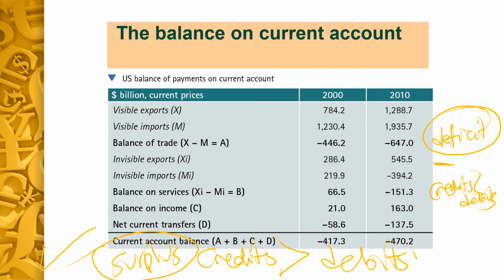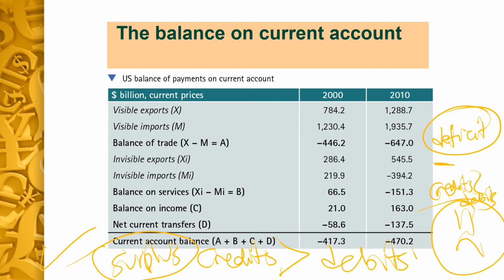This means the country has paid out more for the imports, the primary incomes, and transfers to residents of other countries than it has received from them in the same period of time. Now, a current account deficit therefore reduces the gross national income of a country. So this is definitely something bad.